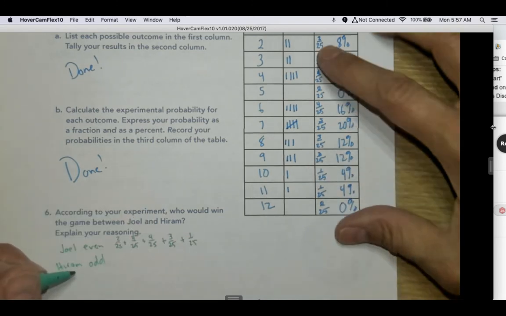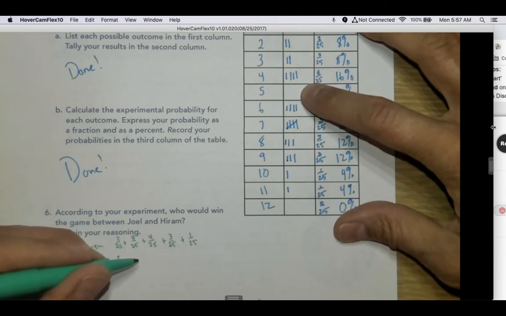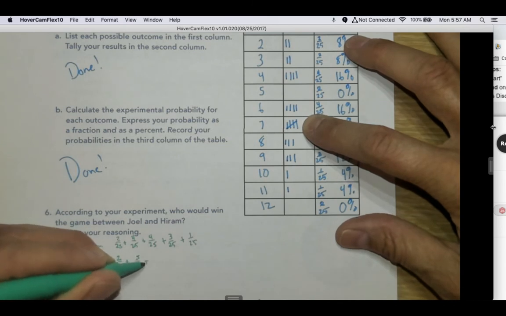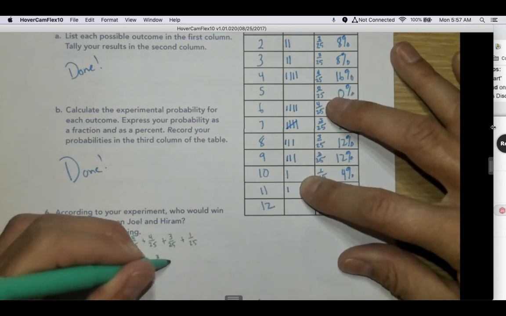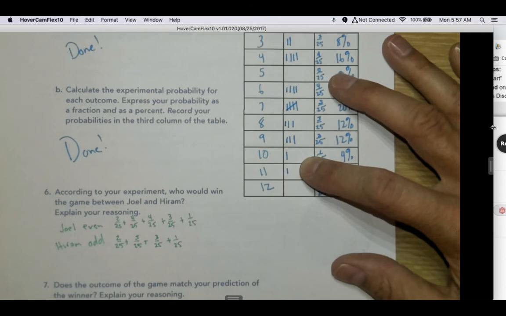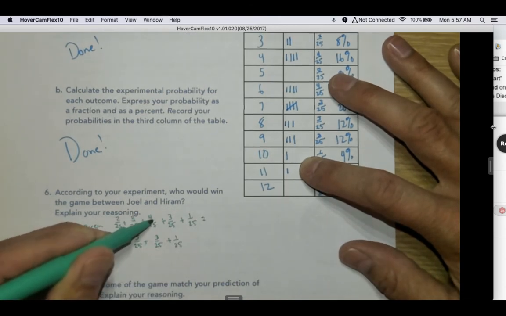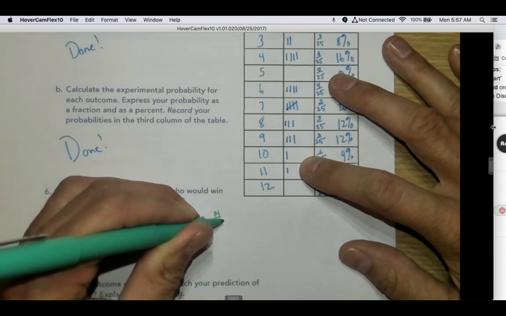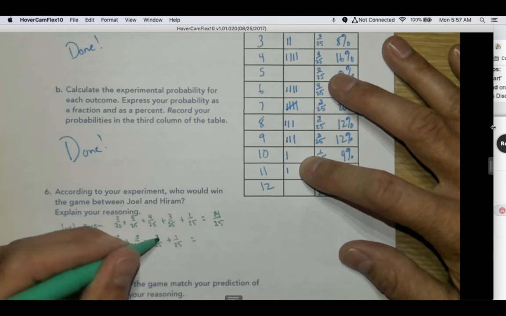Odd would have occurred 2 out of 25 plus 0 plus 5 out of 25 plus 3 out of 25 plus 1 out of 25. When I figure that out, we have 14 out of 25 for even, and according to this, 11 out of 25 for odd.